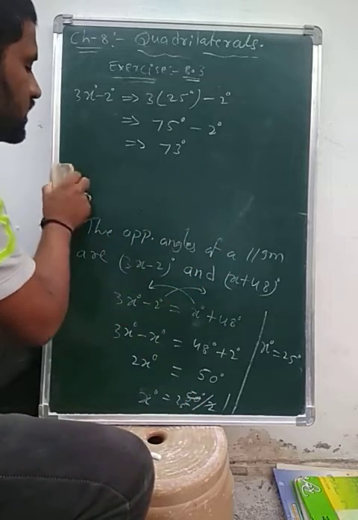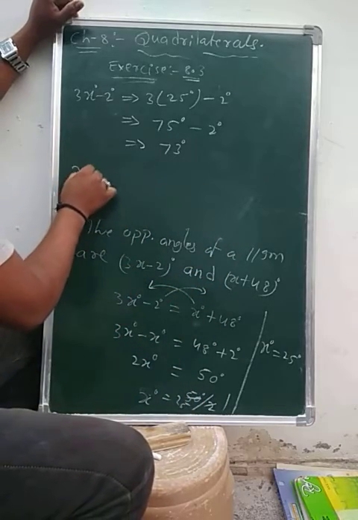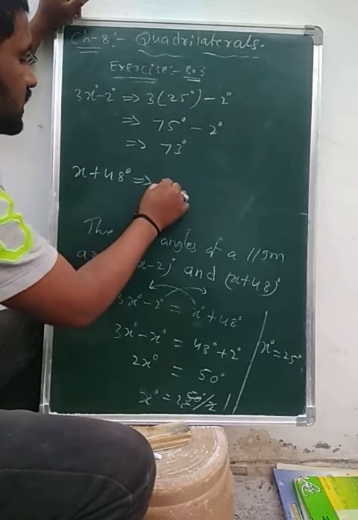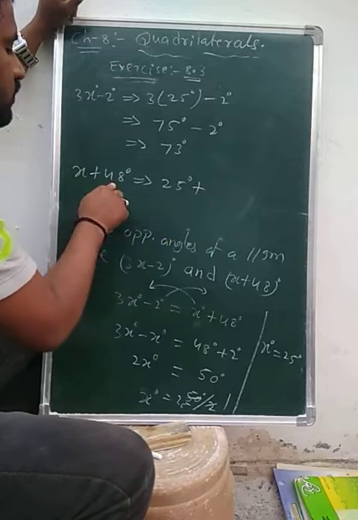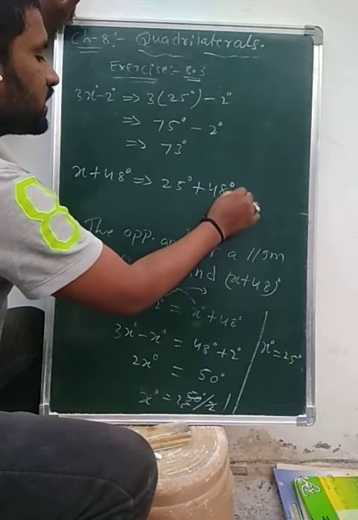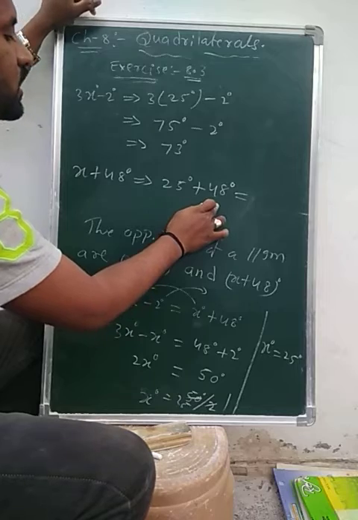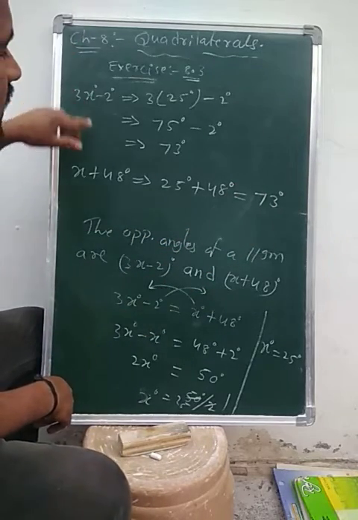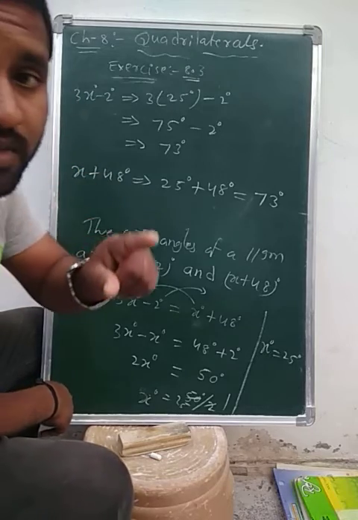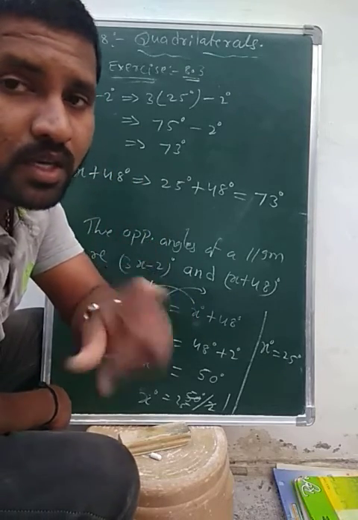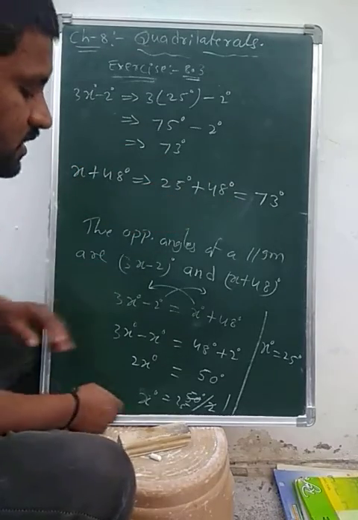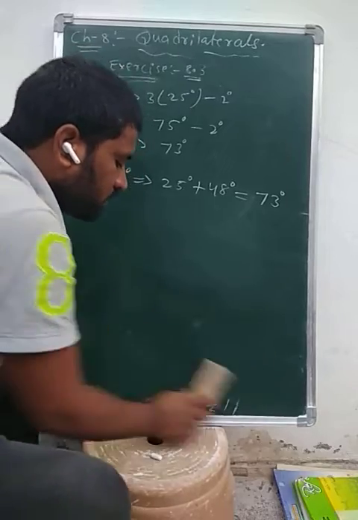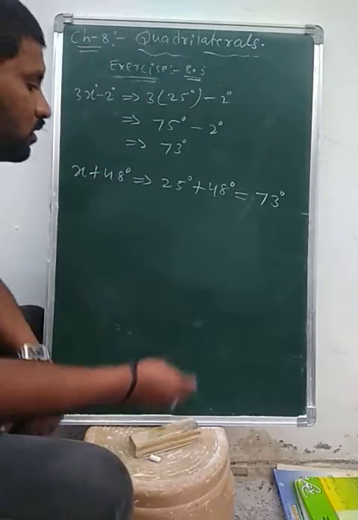And one more angle is x plus 48, where x is 25 degrees, plus 48 degrees. 25 plus 48 is 73 degrees. So clearly, the opposite angles of a parallelogram are equal: 73 degrees, 73 degrees. Now we need to find each angle in the parallelogram. We know that.